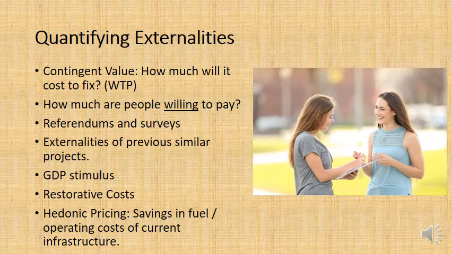That means that the government will save in fuel. They will save gas. So that savings is an external benefit. You need to consider that with all renewable energy projects.